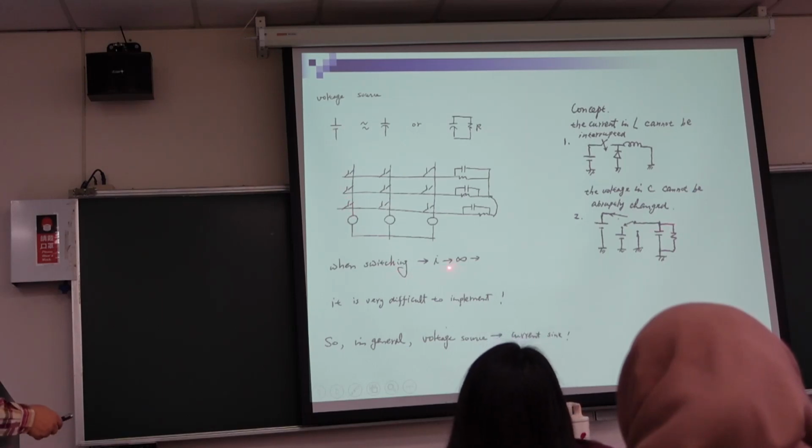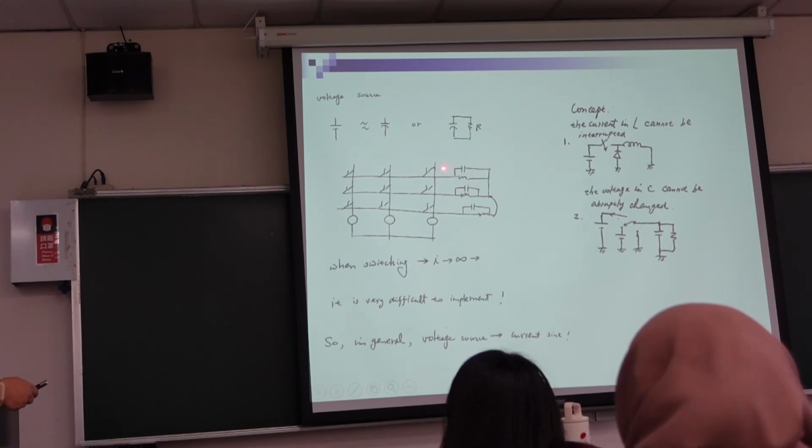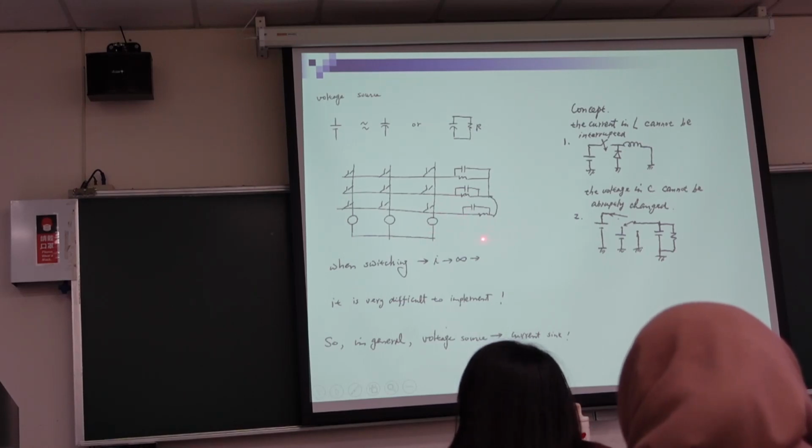So the capacitor current becomes infinity. So when you switch, the capacitor current is infinity, then you damage the capacitor. So you can see this circuit is not feasible. Every time you damage your own capacitor.